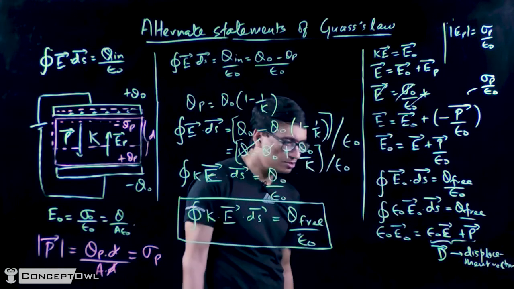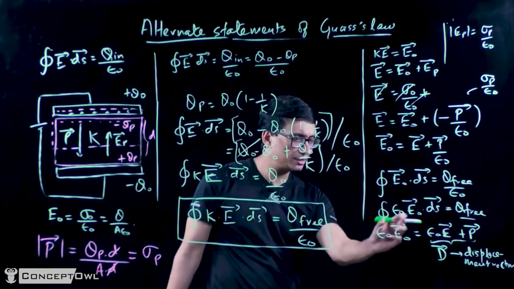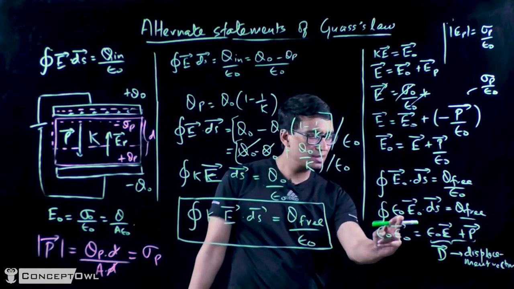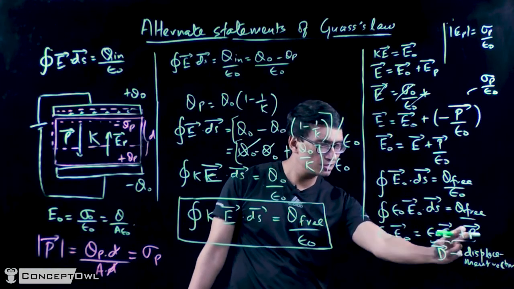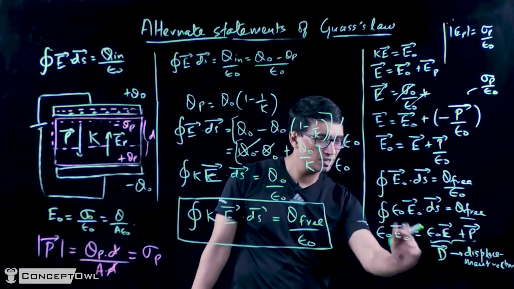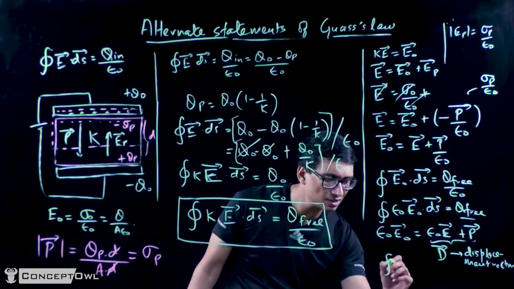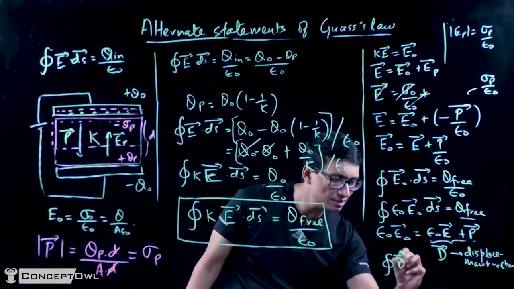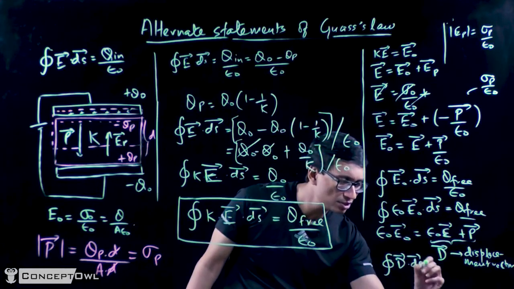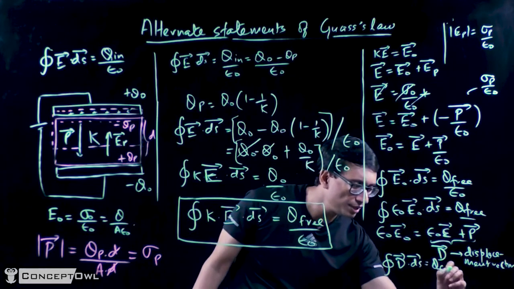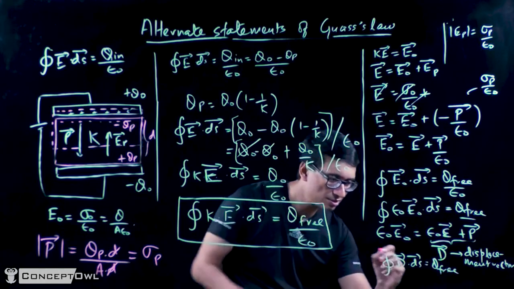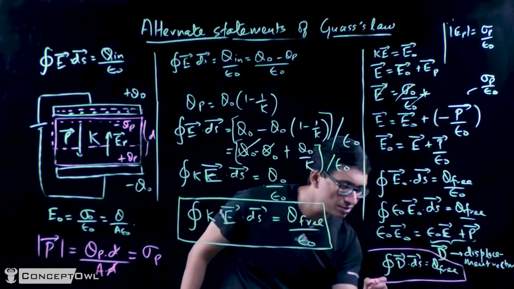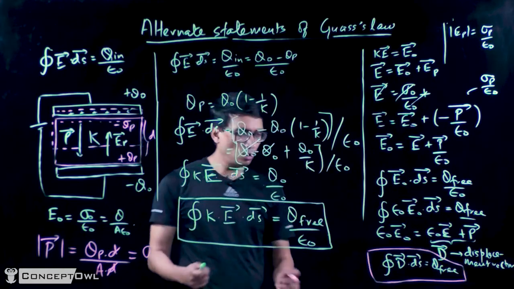Okay, and with this definition, now look at this. This becomes nothing but this is equal to this. So this is my displacement vector. So I can write this as integral D dot ds is equal to Q free. I'll just mark it separately so you can see it clearly. So there are two alternative statements.